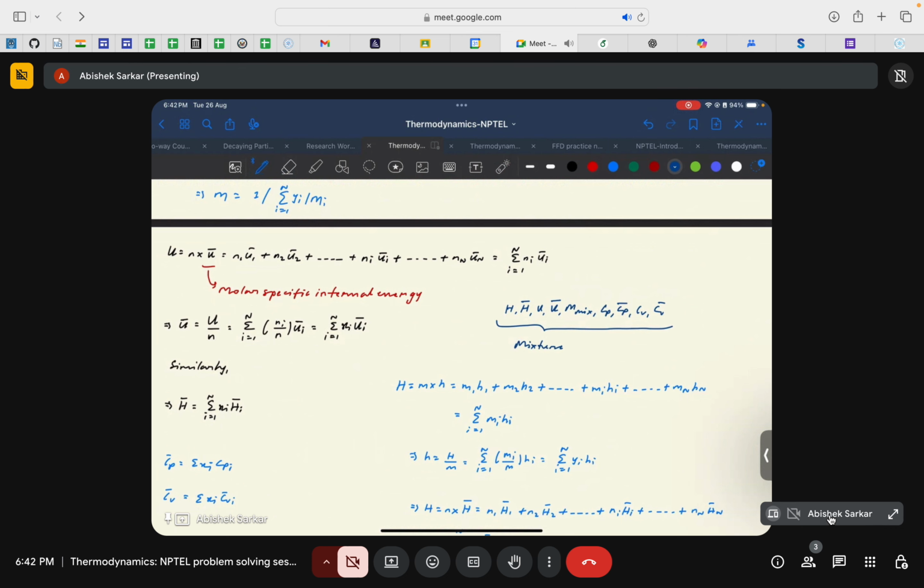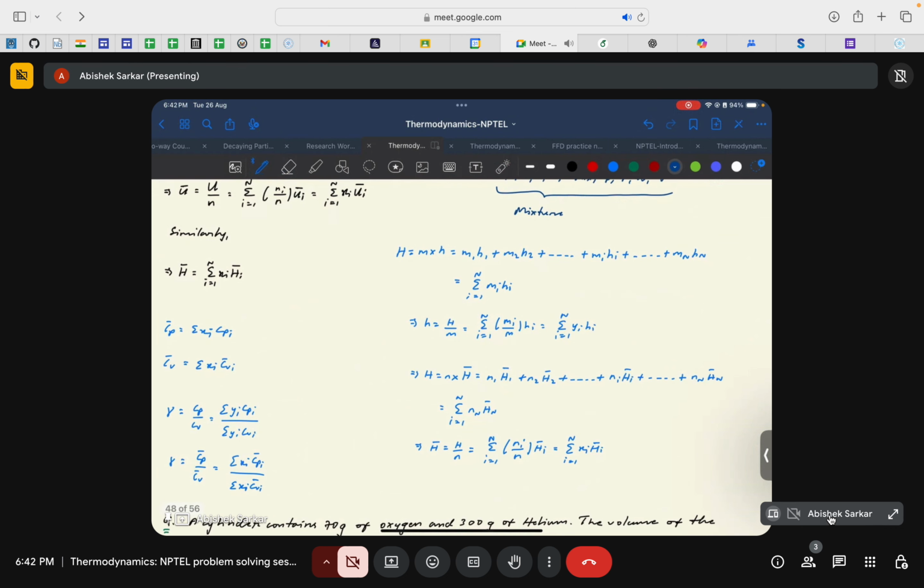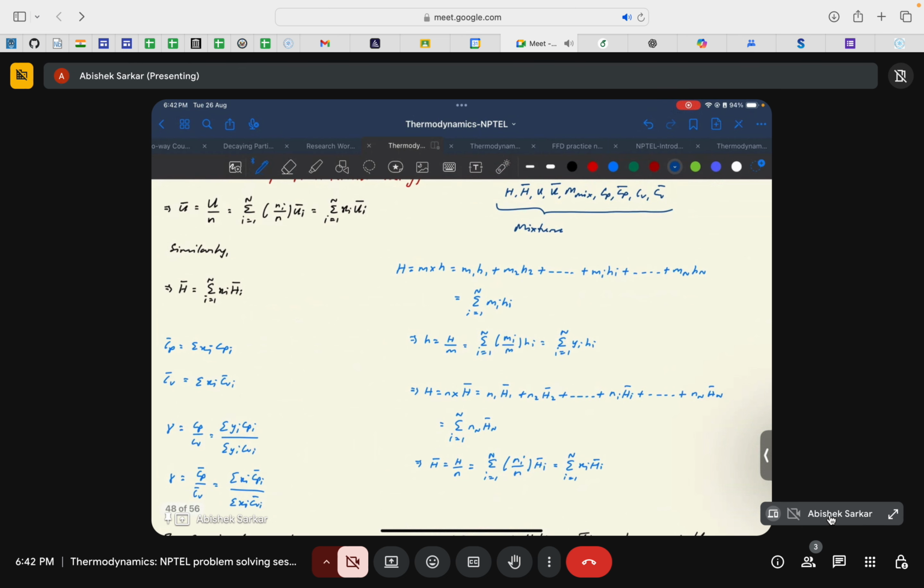So we can write, following the similar idea that has been discussed here, Cp bar is equal to the summation of Xi times Cpi bar, and Cv bar equal to the summation of Xi Cvi bar. I think I was making a mistake, yes, it is Cpi bar. That's why I was confused.